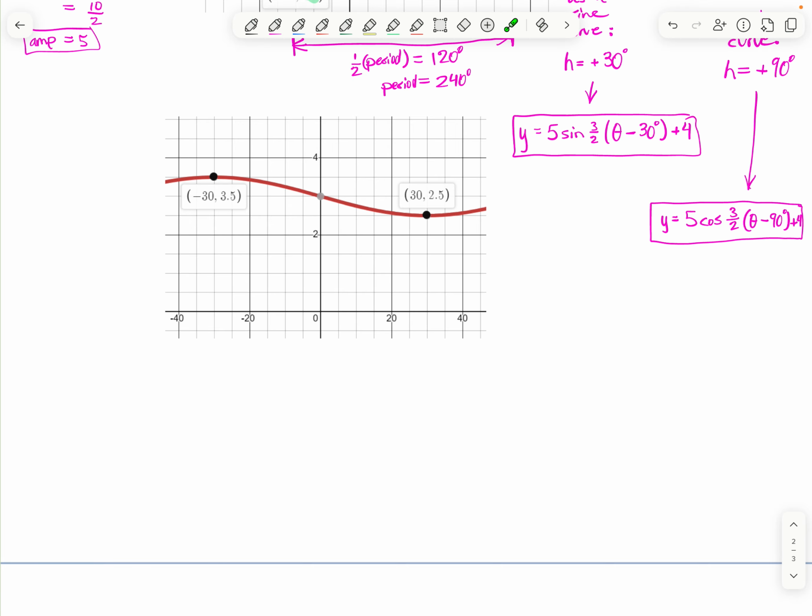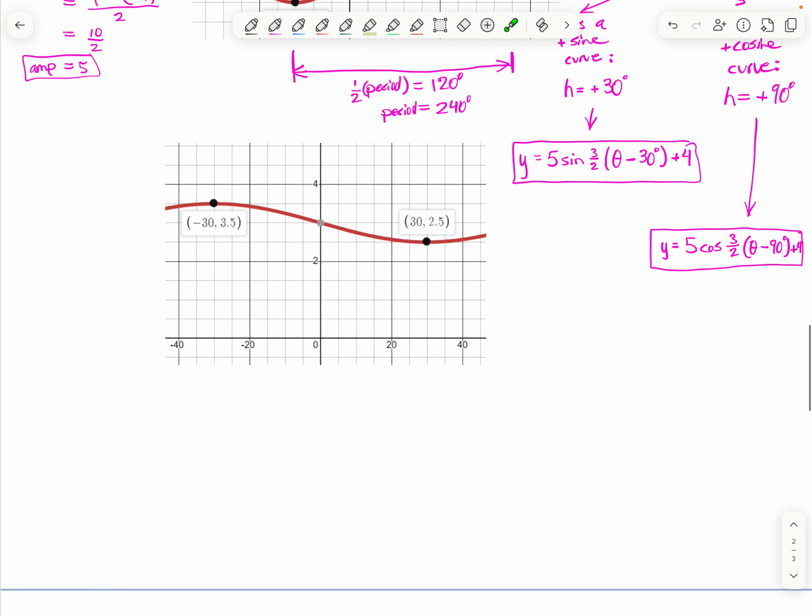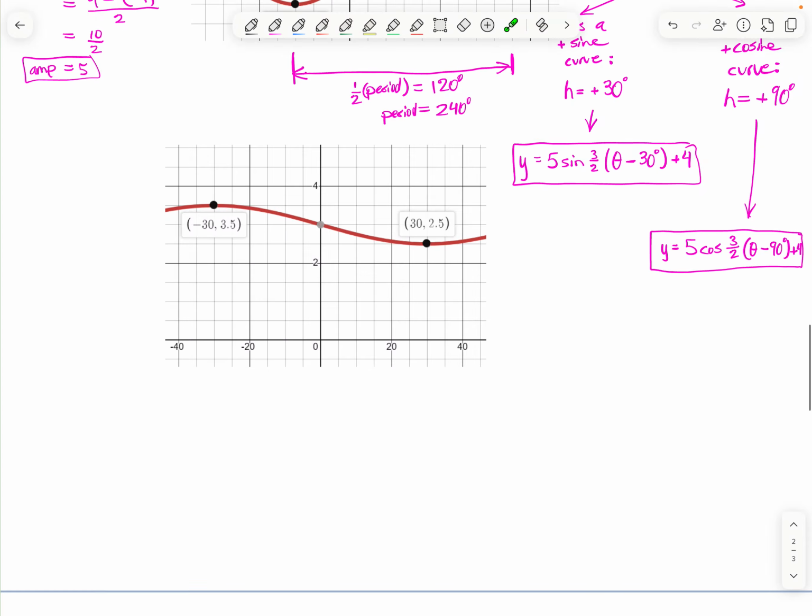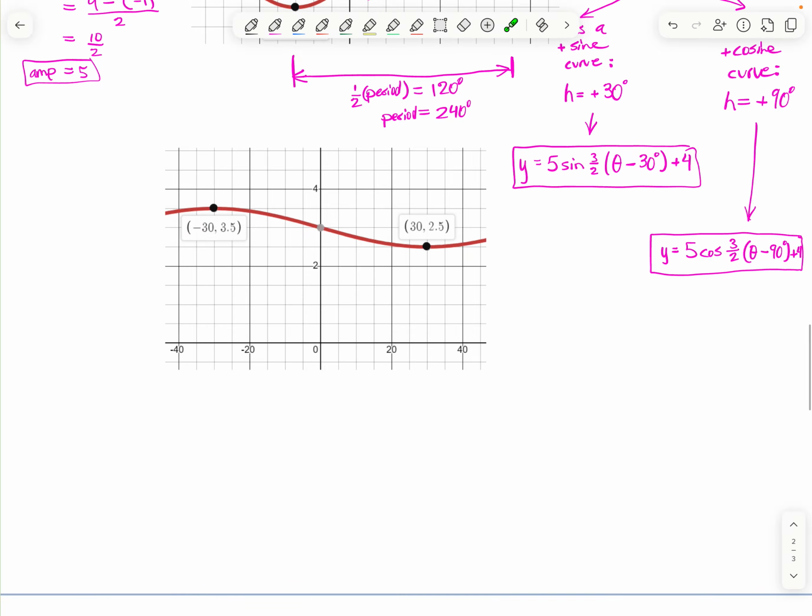Okay, so let's look at an example here where the amplitude is small, right? So now we have some graph where the numbers are smaller, but the process is exactly the same, honestly. So you're trying to figure out the minimum here. Well, it looks like the minimum is 2.5. The maximum is 3.5, right?